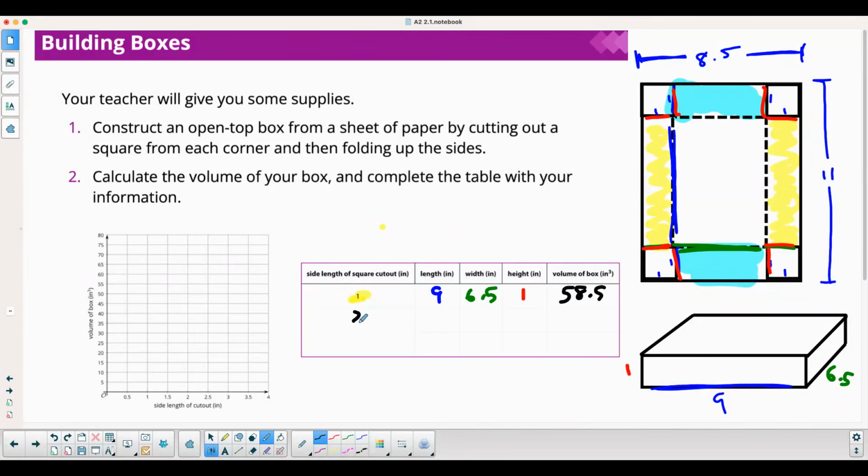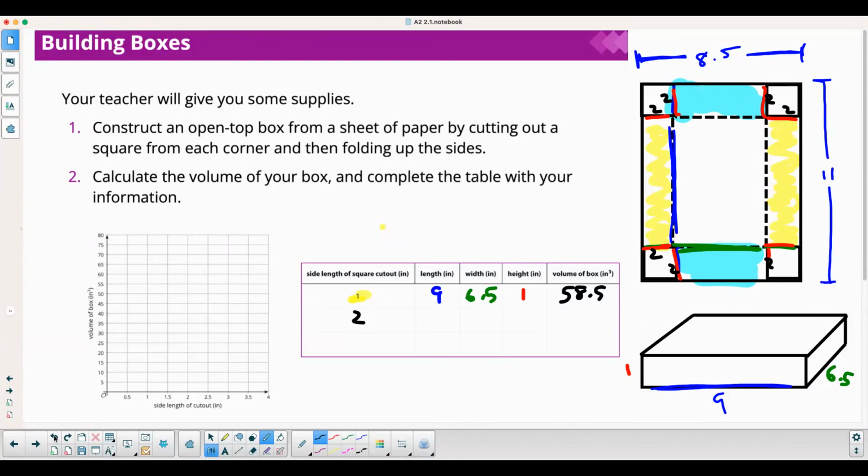So I'm going to change it. I'm going to make this a 2. All I'm going to do here is change these numbers to 2. I'm not going to redraw the picture. I'm just going to change the numbers, and we can mentally do it. So if these are 2 by 2 boxes, remember this was 11 right here. So I'm subtracting 2 on the top and 2 on the bottom.